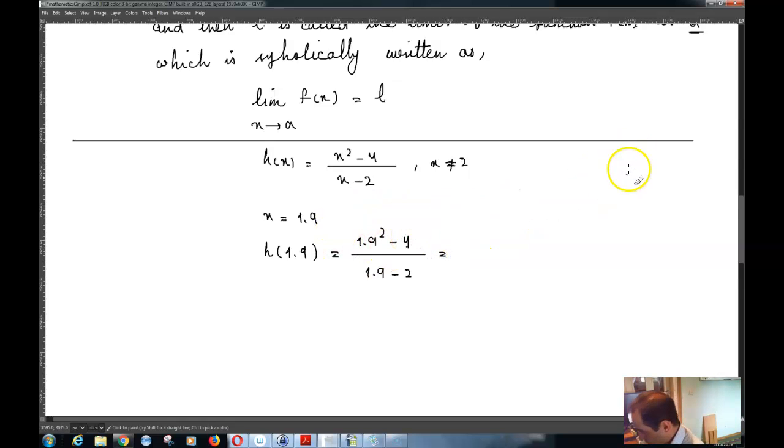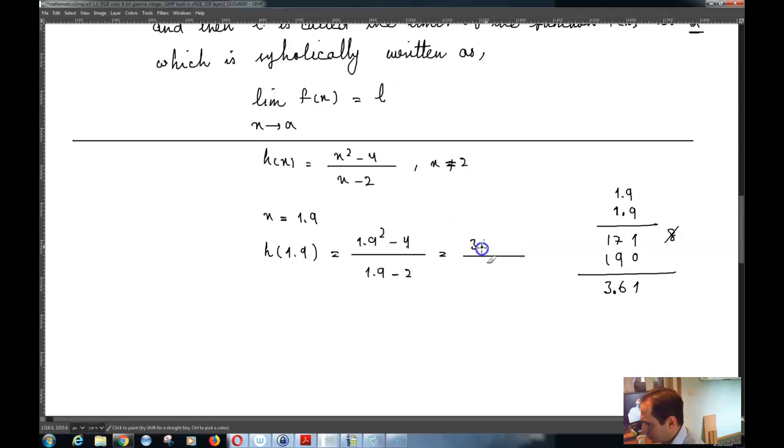Now 1.9 squared is equal to 1.9 times 1.9, which is 3.61. That is 3.61 minus 4 over 1.9 minus 2, which is equal to negative 0.1.